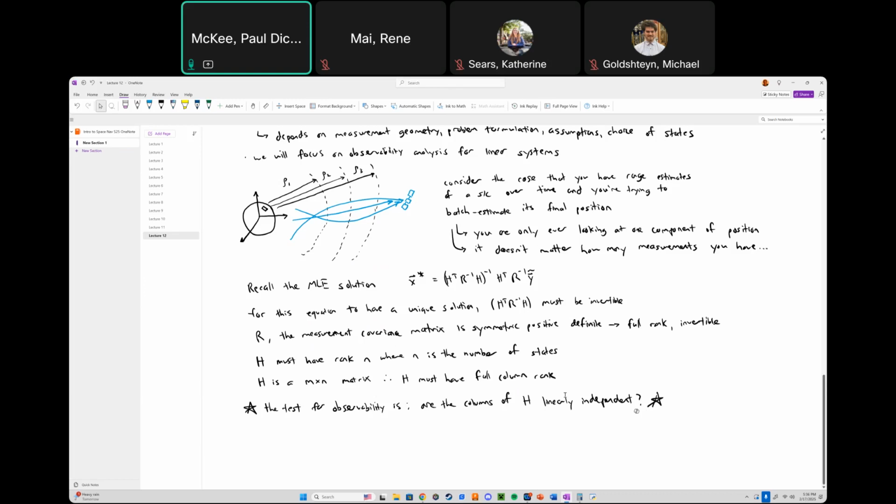You can get away with that. And you can convince yourself of that. Now, in this case, I believe it becomes pretty nonlinear pretty quickly, but I'd have to go back and check. Whenever you're doubting the observability of at least a linear system, then a very simple check is to make sure that H has full column rank.